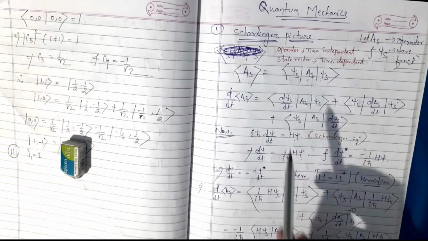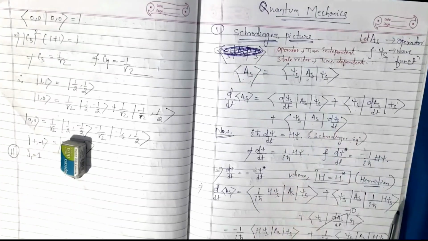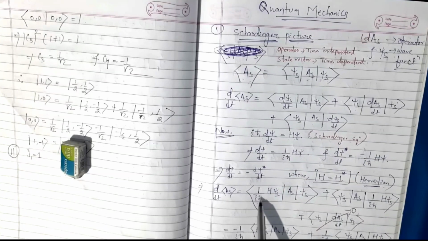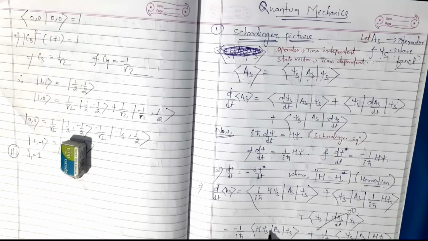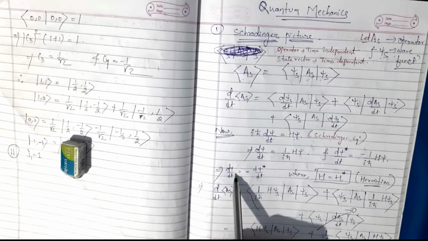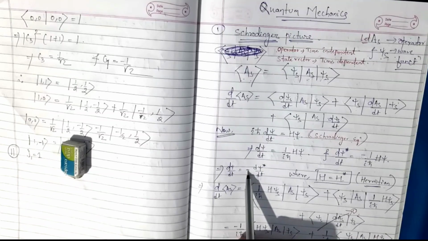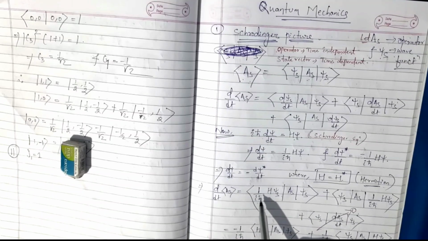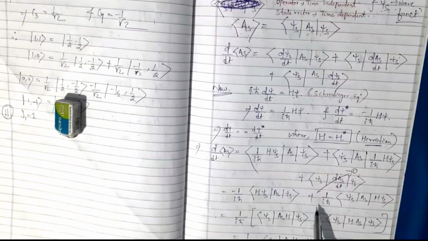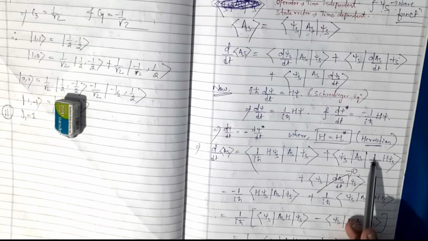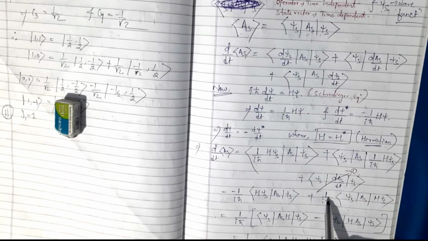Now what we are left with is the first term and the third term. Instead of 1 by i h cross H psi, we can write minus 1 by i h cross H psi, because I have already mentioned both are equal, only differing by the negative sign. Now 1 by i h cross has been taken out common.